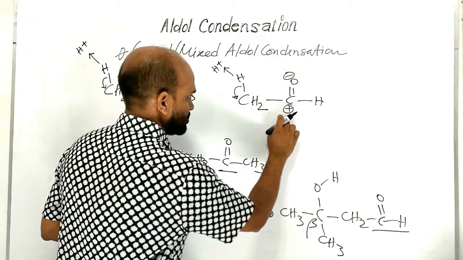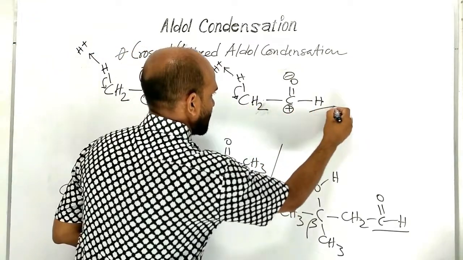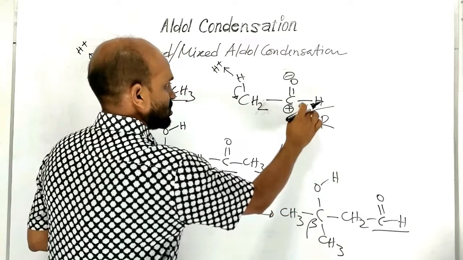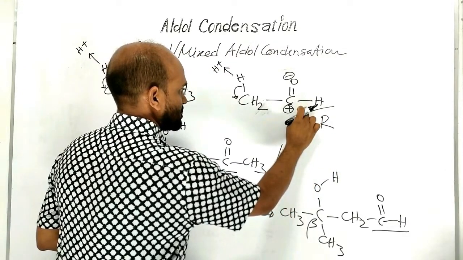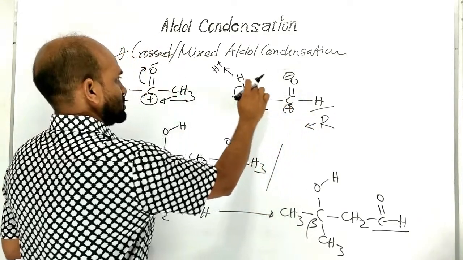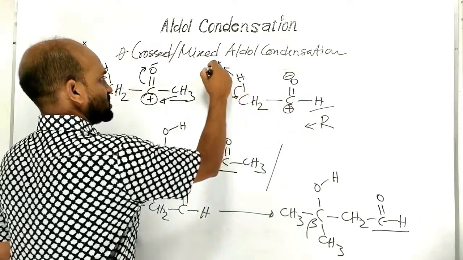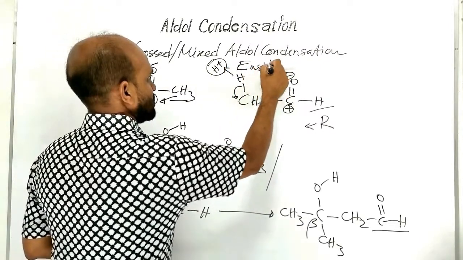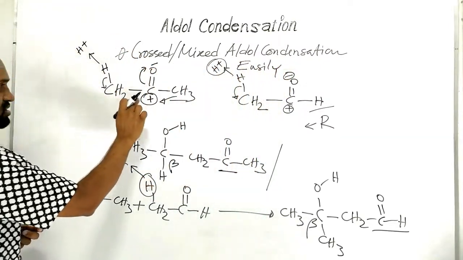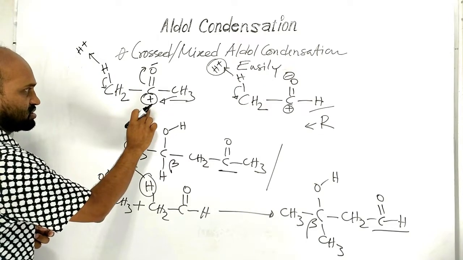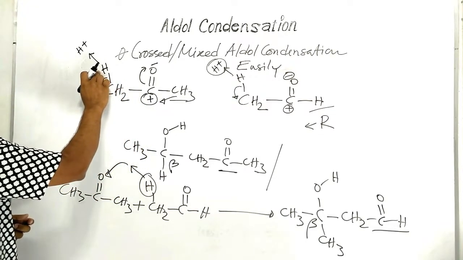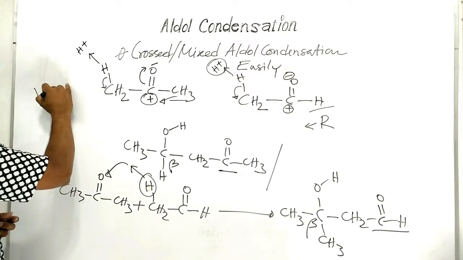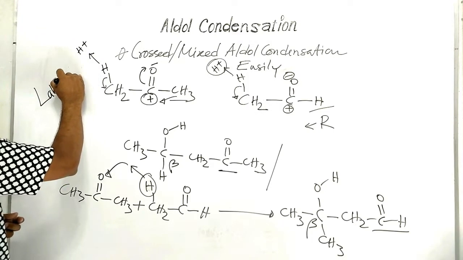So in case of aldehyde, only hydrogen is present, no alkyl group, so no electron donor group is present here. So this hydrogen is freed as a proton easily. But in this case, this charge is decreased. That is why this hydrogen is freed as a proton, but not easily. This is laboriously.